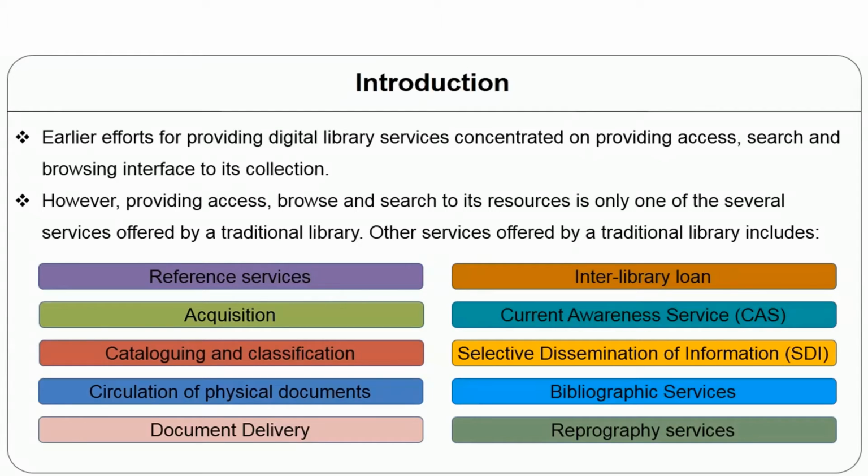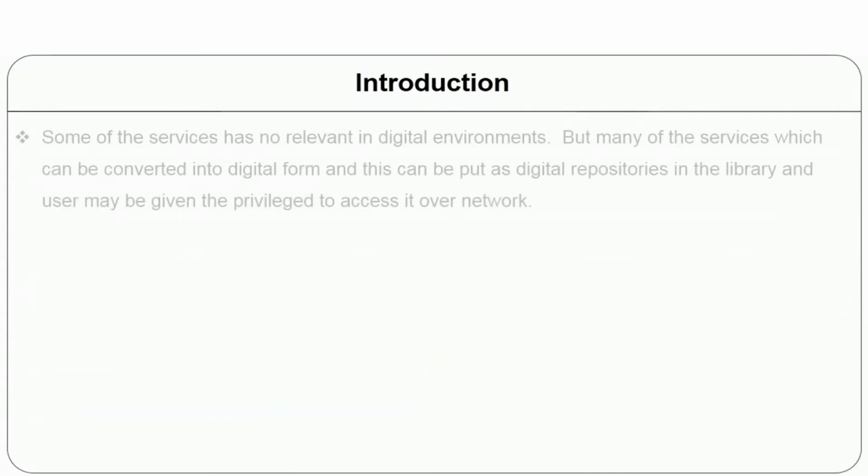One library in an institute can request content or physical book resources on a loan basis for maybe 10 to 15 days. So that is interlibrary loan. And current awareness services, selective dissemination of information, SDI, bibliographic services, reprographic services. These are the services generally we have seen in a traditional library.